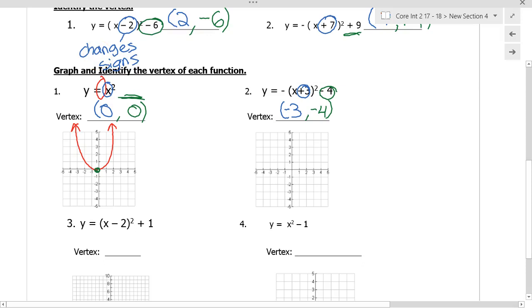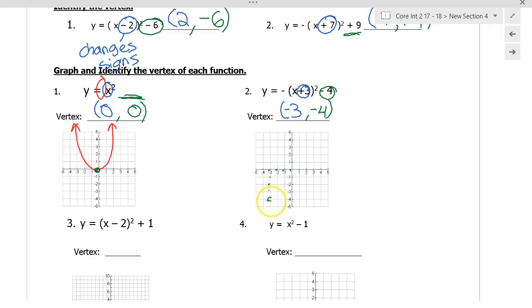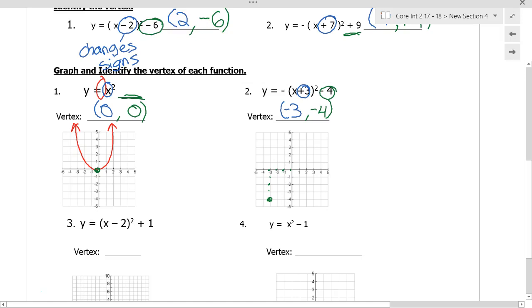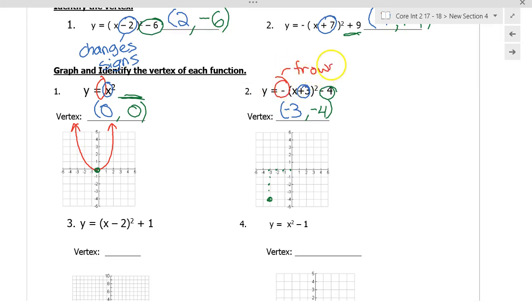I have negative 3, so I'm going to go left 3, down 4. There's my vertex. Now, is it going to smile or frown? There's this negative out in front, so this is going to look like a frown, a little baby frowny face.